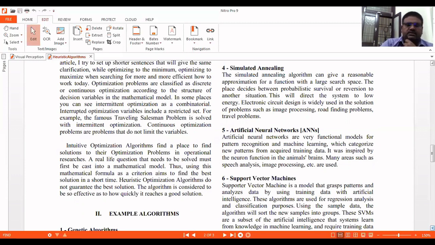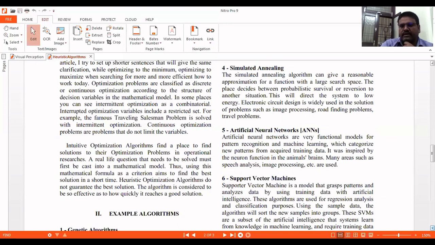And six, support vector machines. What are support vector machines? It is a model that grabs patterns and analyzes data by using training data, with artificial intelligence. These algorithms are used for regression analysis and classification purposes.